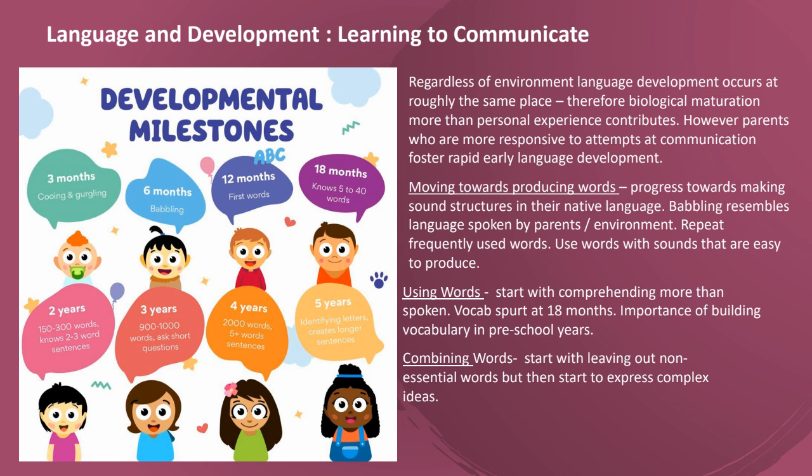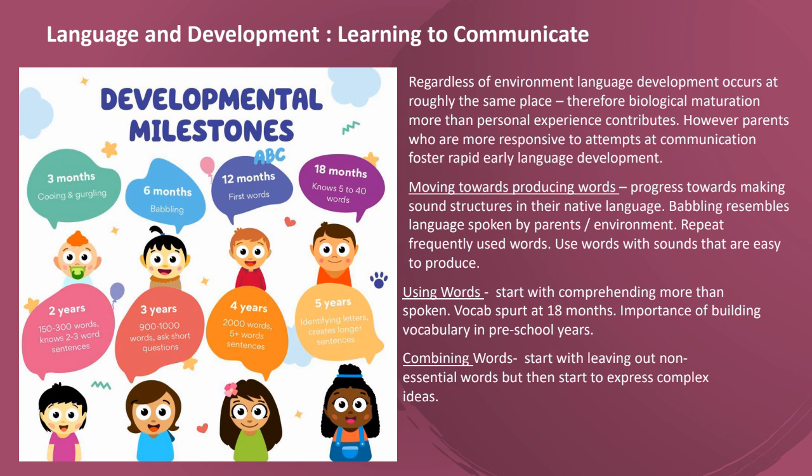And then the next phase is they start to combine words together to make sentences. We know that children often leave out non-essential words, but they do start to express themselves with slightly more complex ideas. So a child might say "television on" or "dog there," leaving out words in between. So they're starting to put words together into sentences.